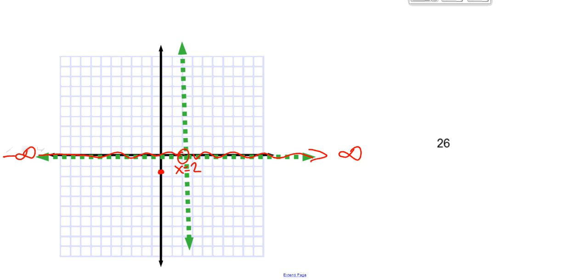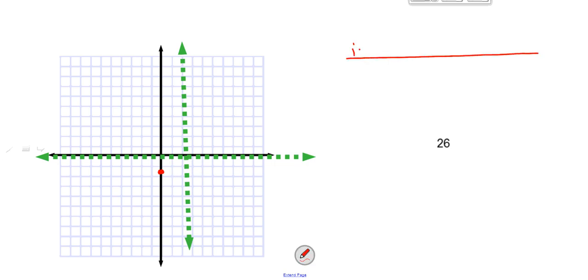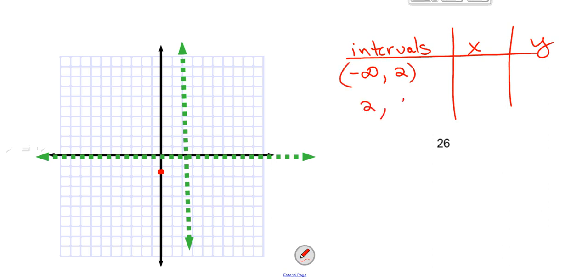So let me get rid of that a minute. And there we go. And so that gives me these test intervals, with x and y values from -∞ to 2 and from 2 to infinity.